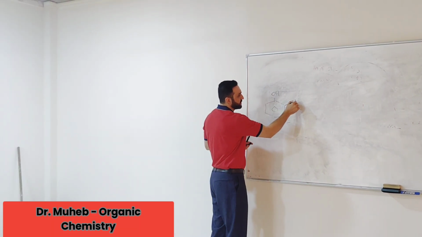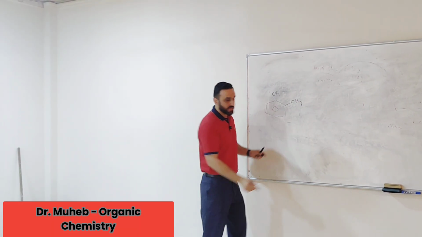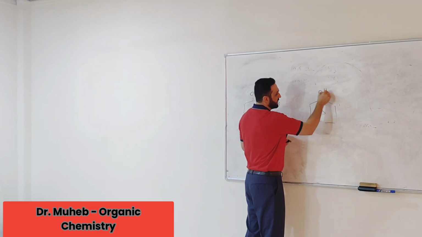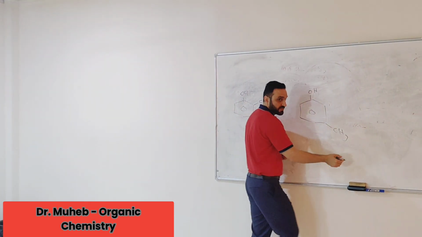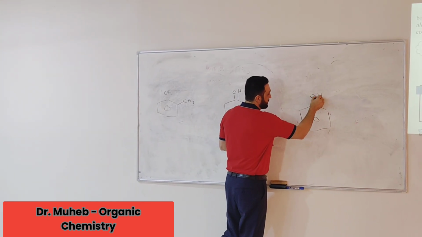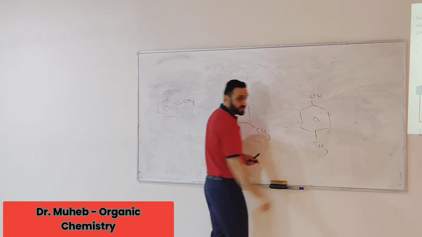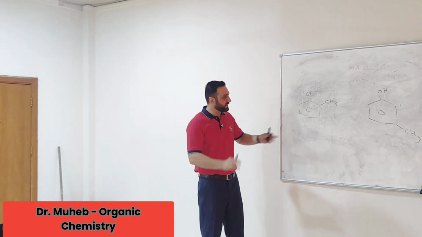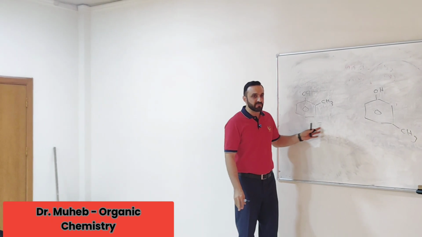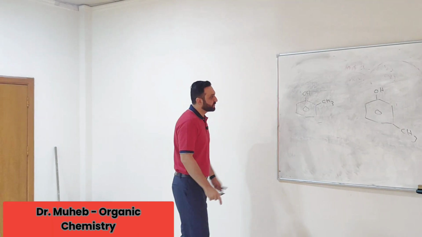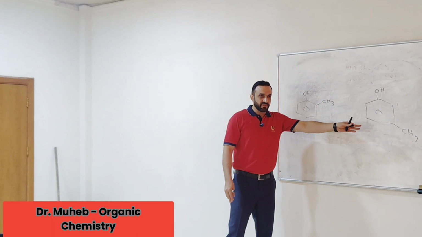This OH, and here we have CH3. Do you think we have a big difference between the boiling point and melting point for this compound, between the ortho, meta, or para derivative?